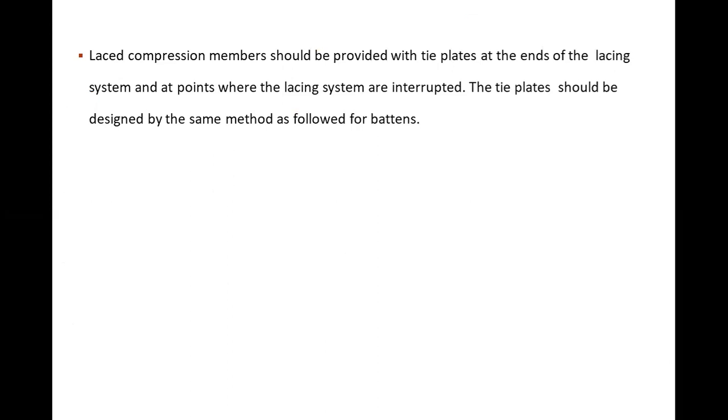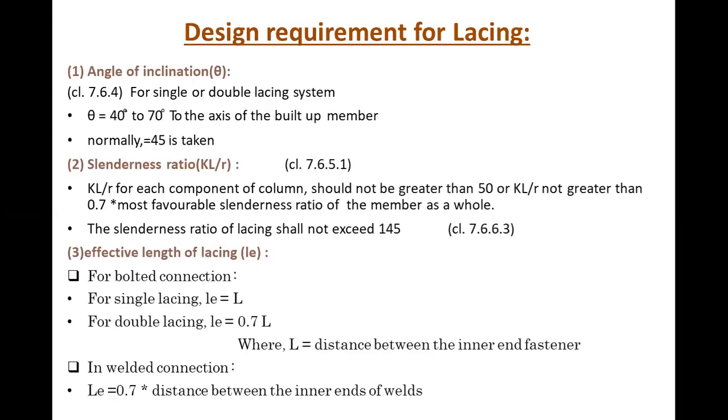Laced compression members should be provided with tie plates at the ends of the lacing systems and at the points where the lacing systems are interrupted. The tie plate should be designed by the same method as followed for battens. So there are some basic design requirements for lacing, on how to design a lacing system, right?